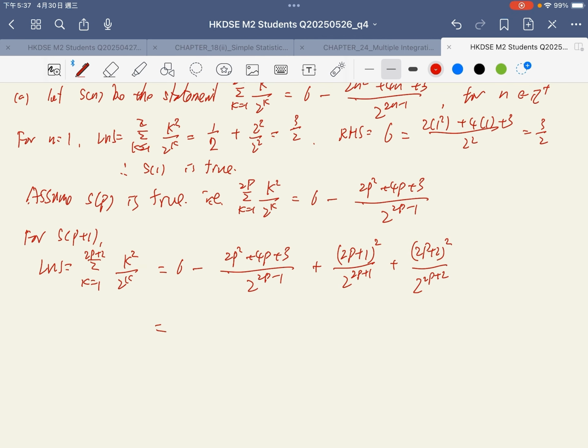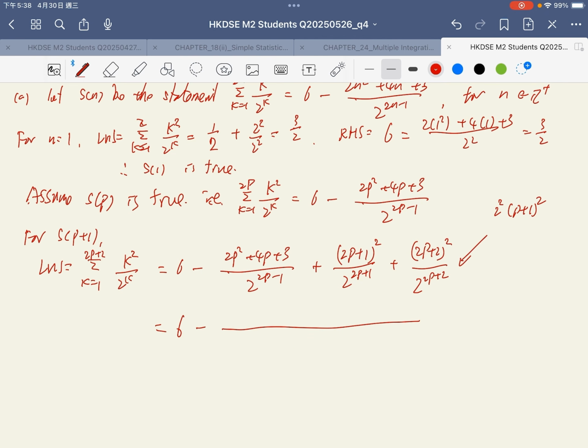Here I keep the 6, because I know the answer already, and make a common denominator for all of this. The last one is 2 to the power p plus 1. Then I can cancel 1.